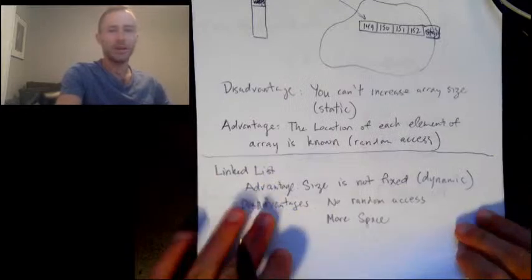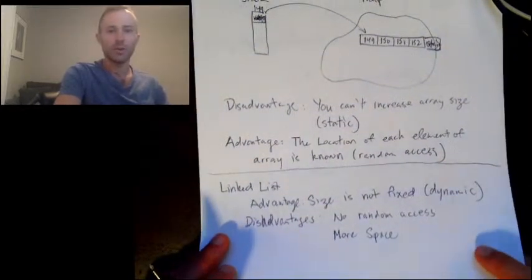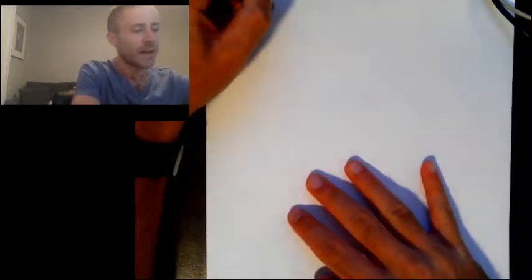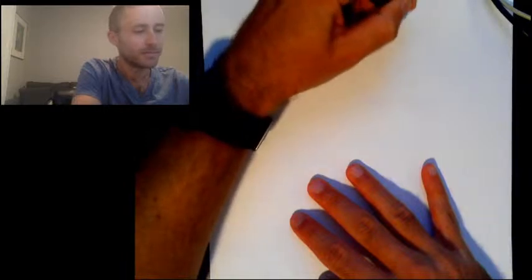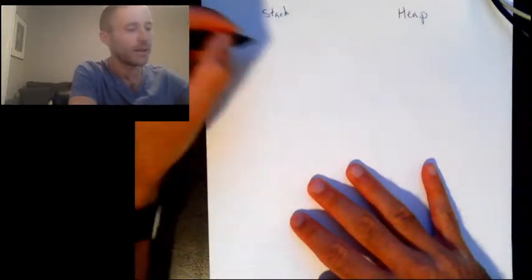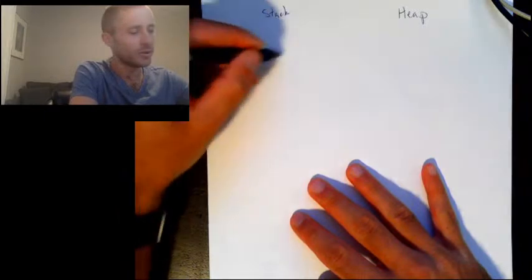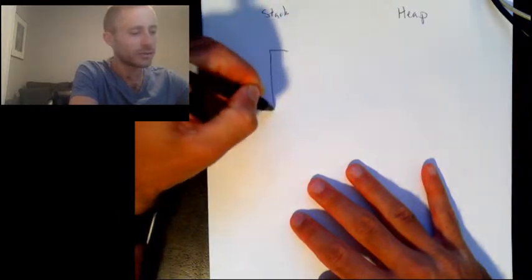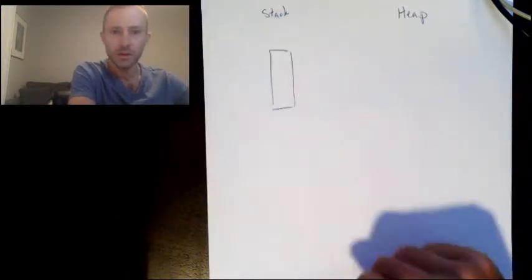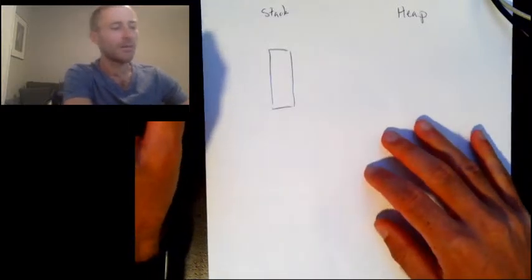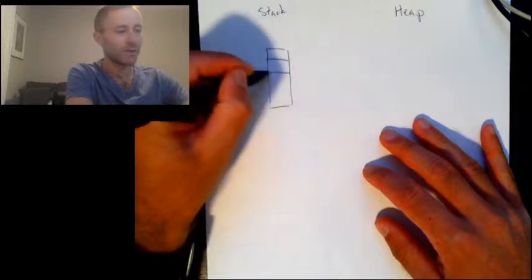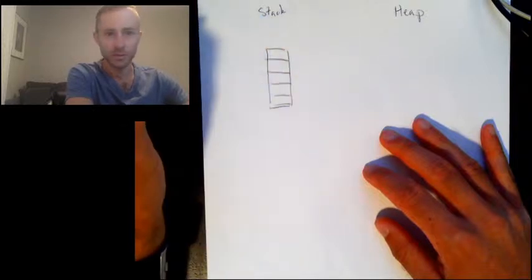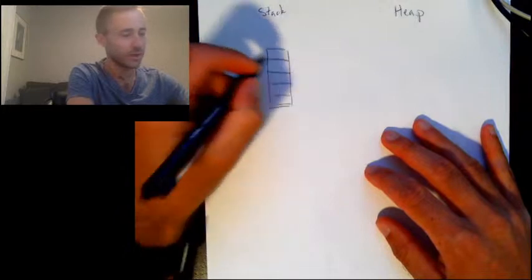So let's explain, how does a linked list work? So you have your stack, and you have your heap, okay? And so when you declare a new linked list, all you're going to store is the memory address of that first element, the 0th element of the linked list, okay?